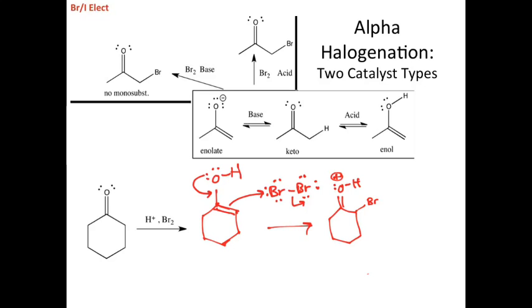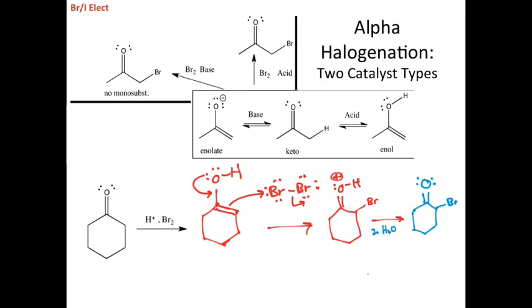We could then follow this up with, say, a water workup, which will never be written into the reaction, but in lab we'd follow this up with H2O just to quench our reaction, and the final product that we would expect to see would be this. What we've done is our alpha halogenation.